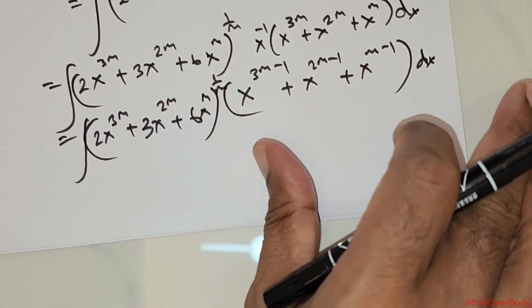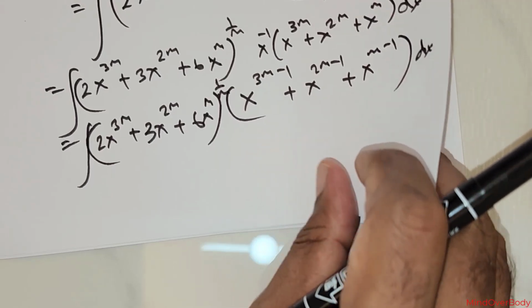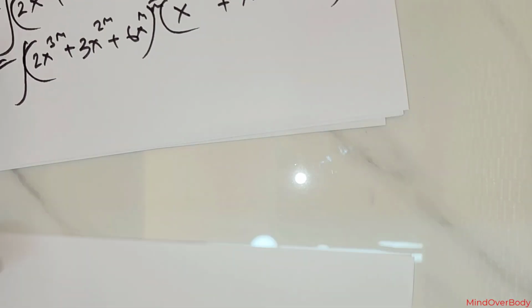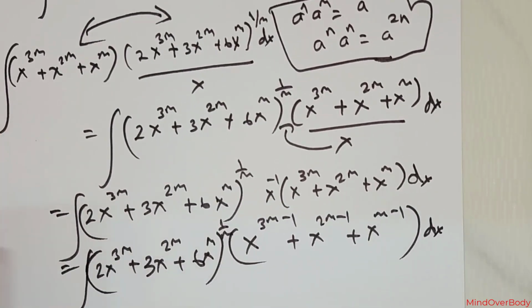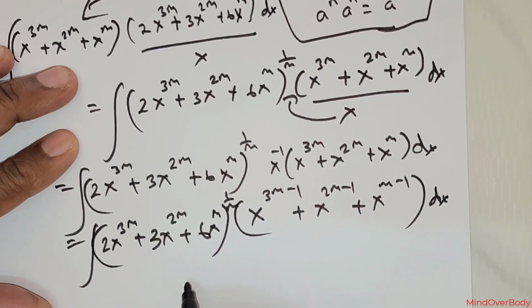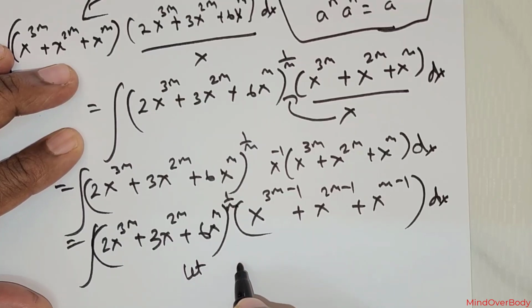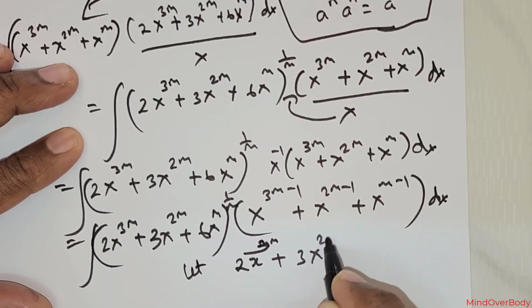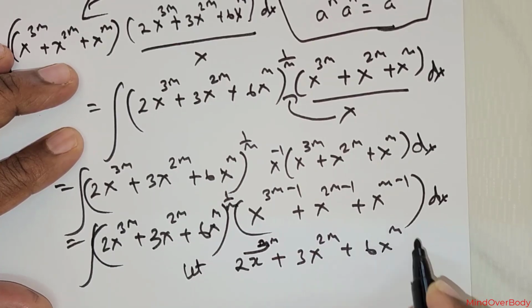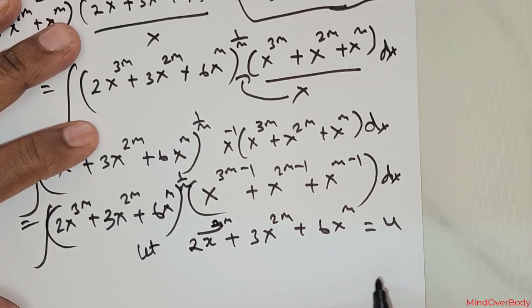Now what I wish to do is make the following substitution. Let 2x^(3m) + 3x^(2m) + 6x^m equal u.